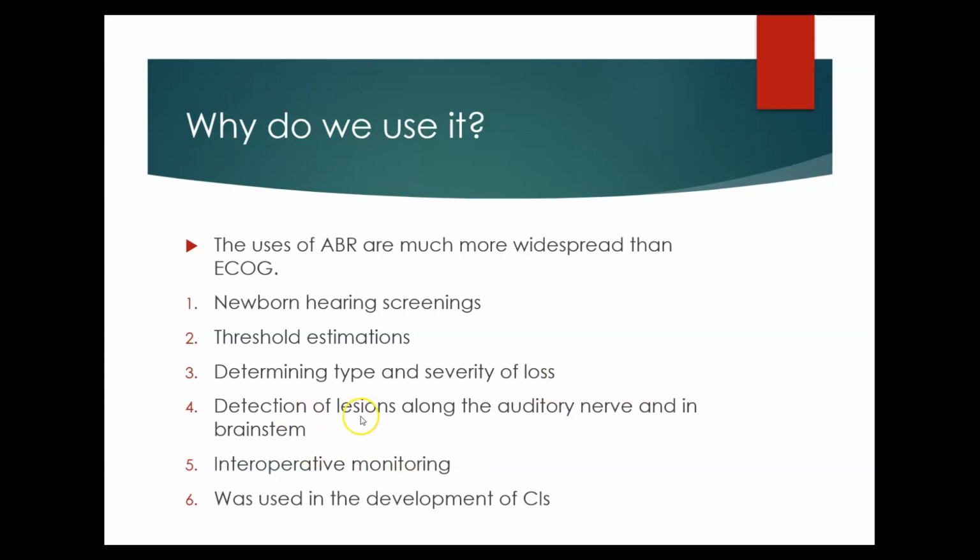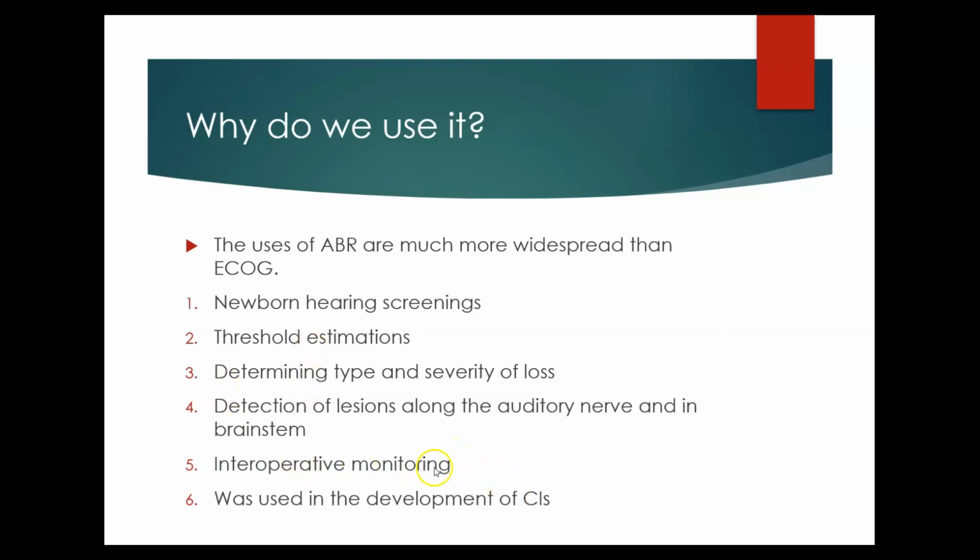Another thing that ABR is used for is the detection of lesions along the auditory nerve and in the brainstem. So if a person has a tumor or a demyelinating disease, we can detect this using the ABR. The preferred measure of intraoperative monitoring is through the brainstem auditory evoked potential, or the BAER, although some people use ABR.